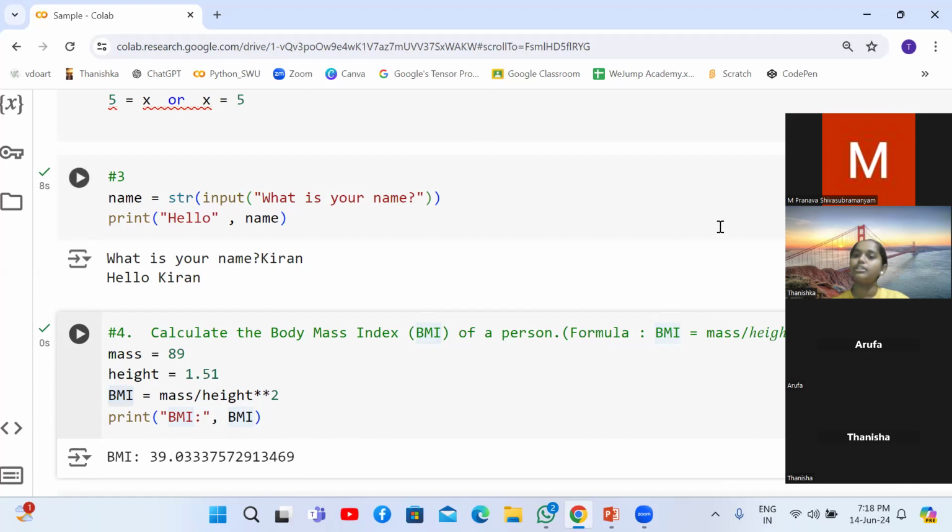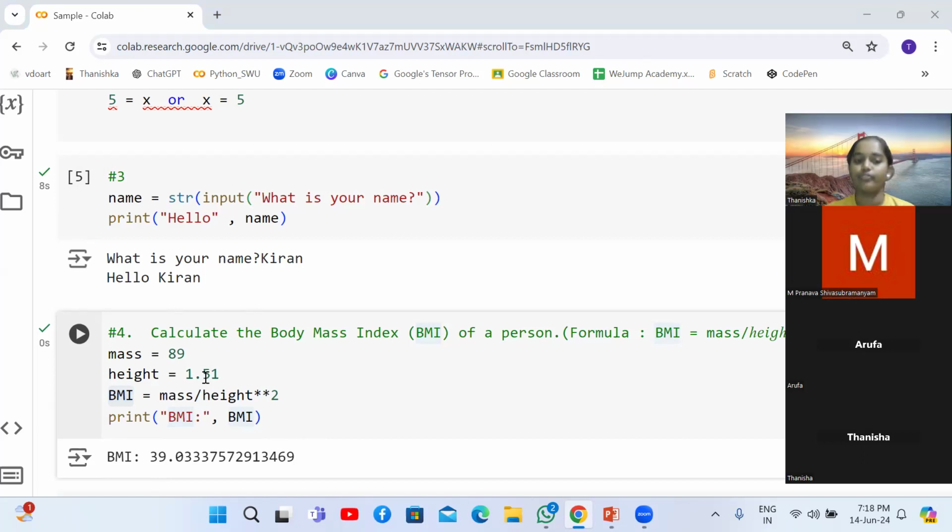Okay, Pranava has something to say. If I'm not wrong, the height should be in meters, not in centimeters. If we write it in centimeters, then we'll get the wrong value of BMI. Now isn't this correct, right? Because I've used the point. Yeah, that is correct because 1 meter. Yes. Okay, so thank you.